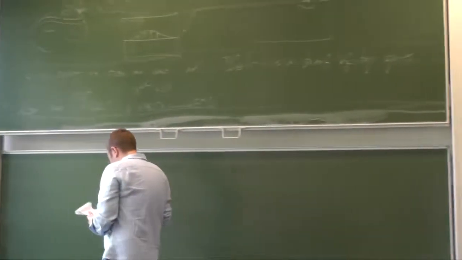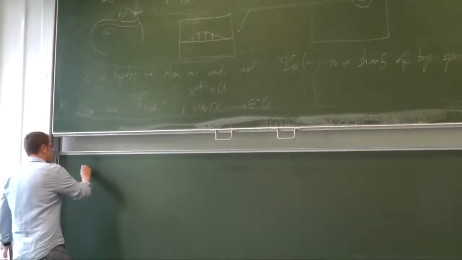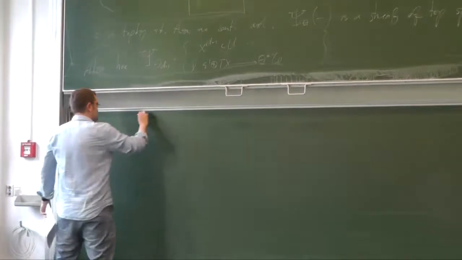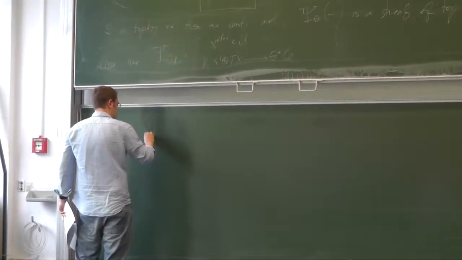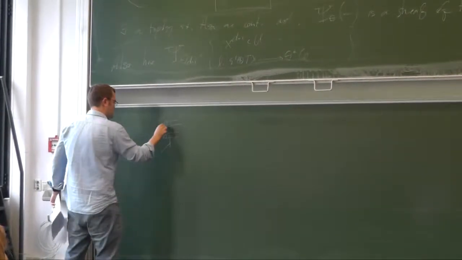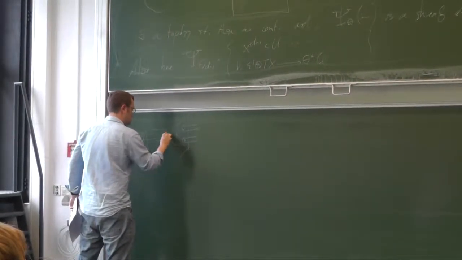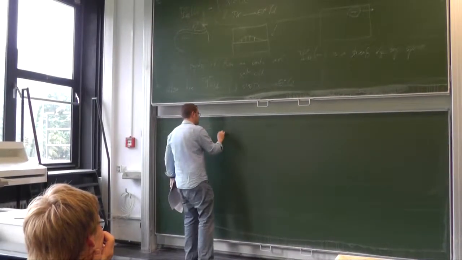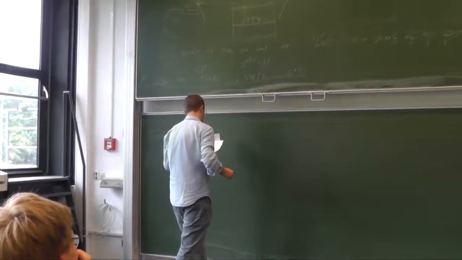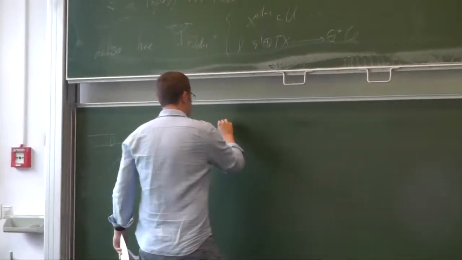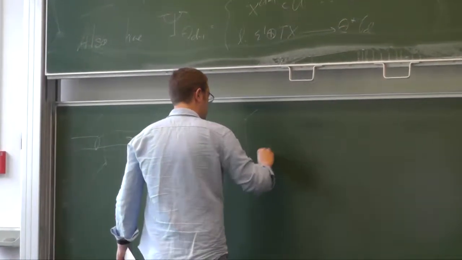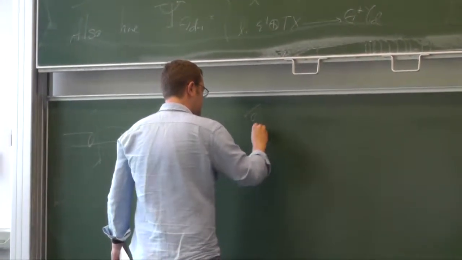And what are the compositions in this category? Well, let me just draw one. If you want to compose that with... there's something stupid here, this looks wrong, but it's not.